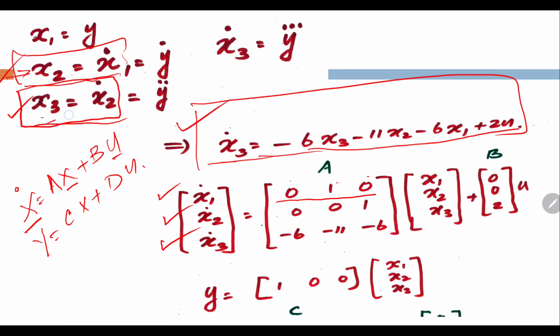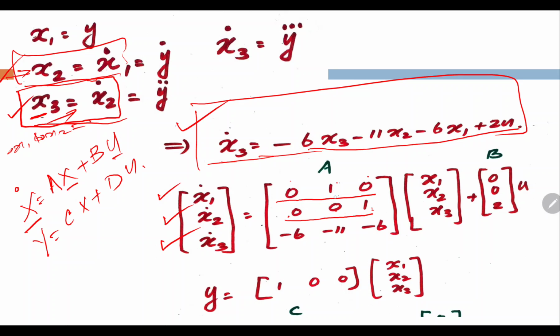Here we have only x3, x1 and x2 are missing, so the coefficients of x1 and x2 are 0. So the second row of the A matrix is 0 0 1.